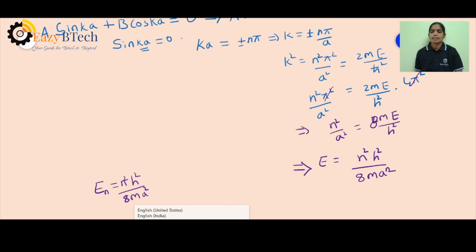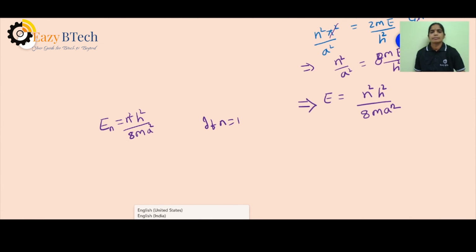So we go for the next, that is, if n is equal to 1, then E1 is equal to h square by 8 m a square. As I said, we cannot have n as 0. This represents the ground state.